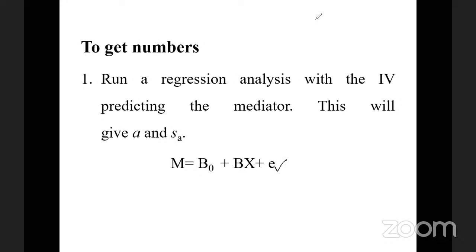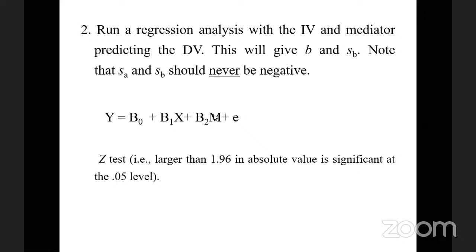Now, second, we will get B and its standard error. B means the regression coefficient. So we run a regression analysis with the IV and the mediator variable.